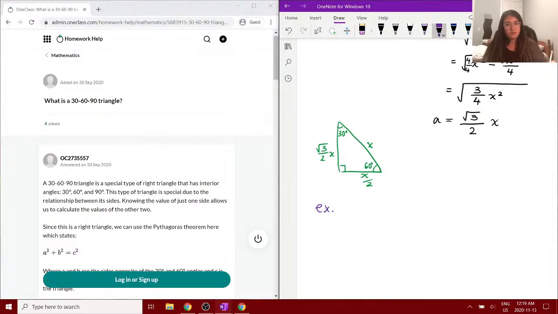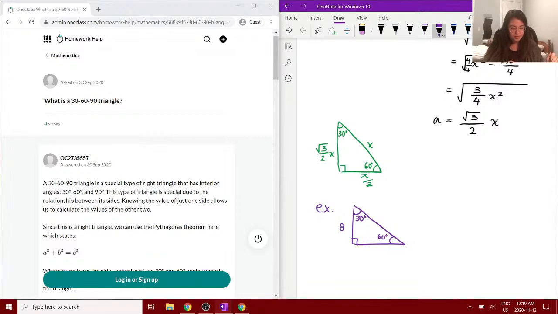Let me make it different this time. So if we have our 60, 30, 90 triangle, and they give us one side that is 8.